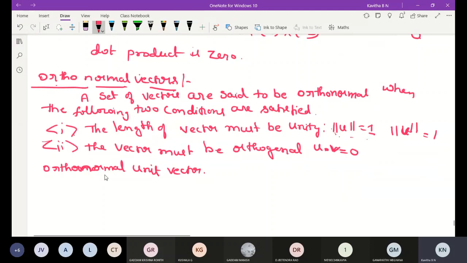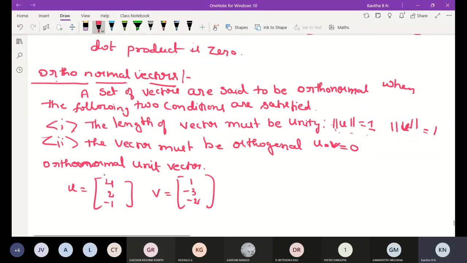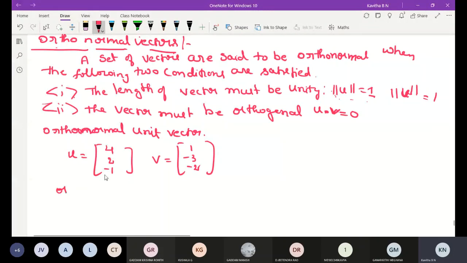Then u is equal to (4, 2, -1) and v is equal to (1, -3, -2). Find the orthonormal vectors. For this problem, we need to determine the orthonormal vector for u = (4, 2, -1) and v = (1, -3, -2).